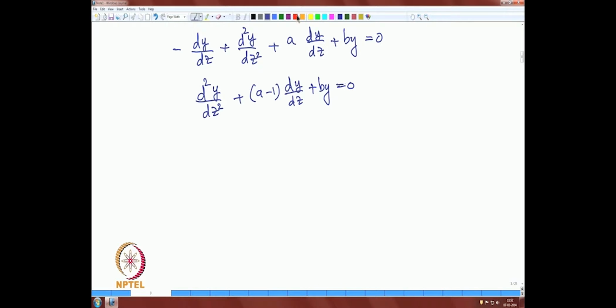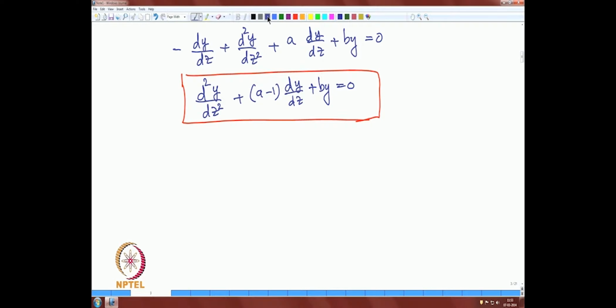Look at this equation. This equation is a second order constant coefficient differential equation. So, we started with the Euler-Cauchy variable coefficient differential equation, the transformation reduced this into a constant coefficient differential equation, of course second order, and this equation can be solved.